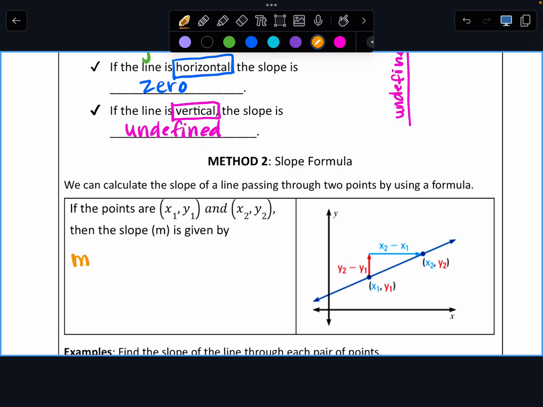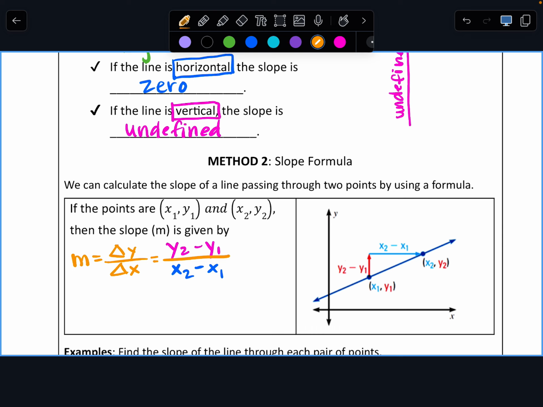M, which is the slope, we're going to find the change in y by subtracting y1 from y2 and dividing that by the change in the x value by subtracting x1 from x2.